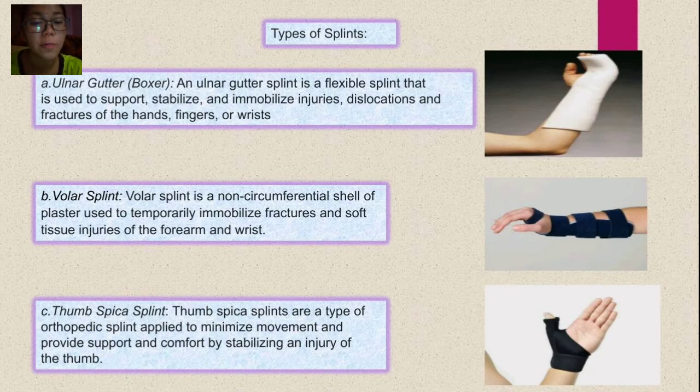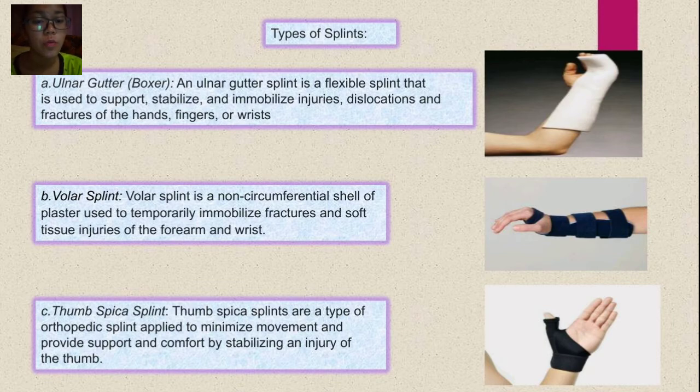With the ulnar splint, what is applied is the fingers only, but the volar splint is for the palm and foot, and then the thumb spica splinting is for the fingers and upper arm and shoulder.